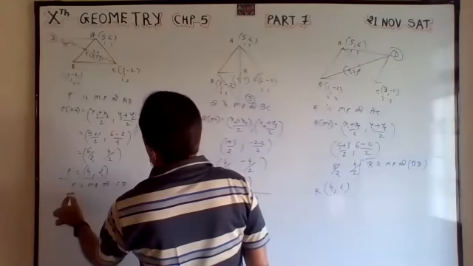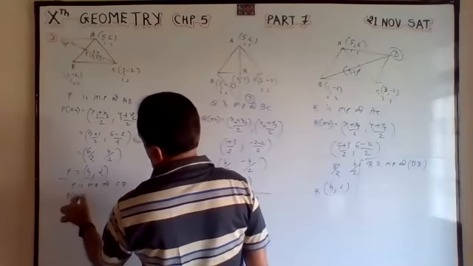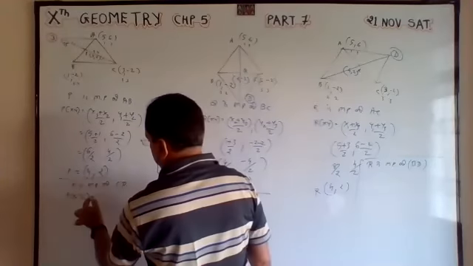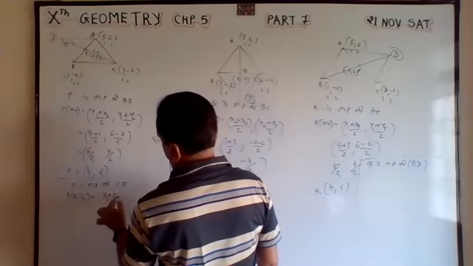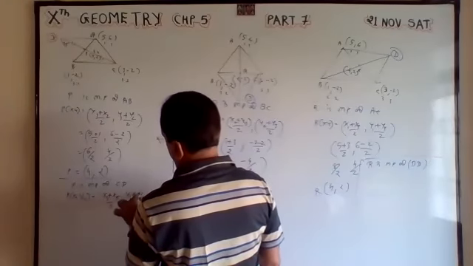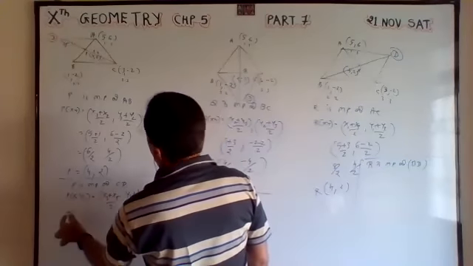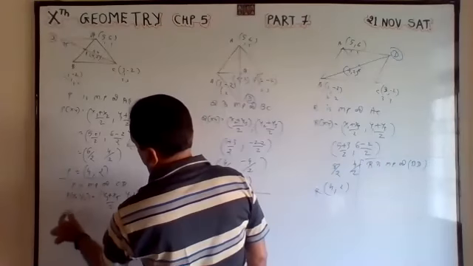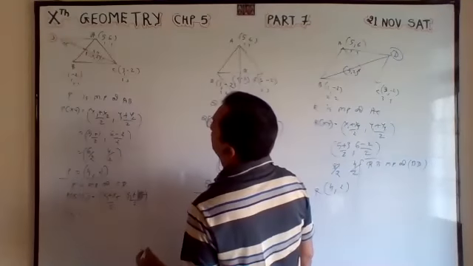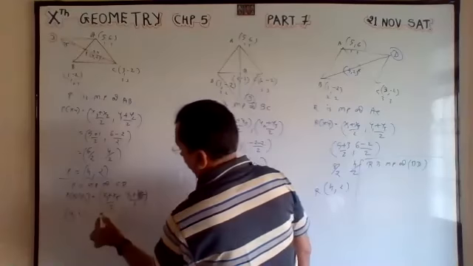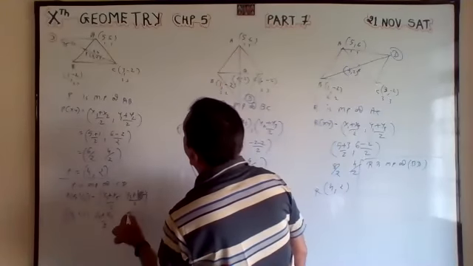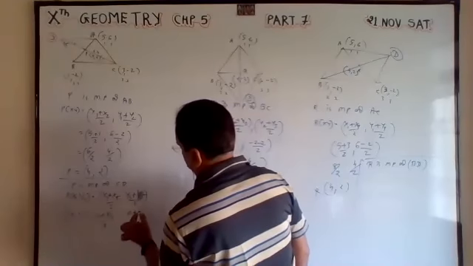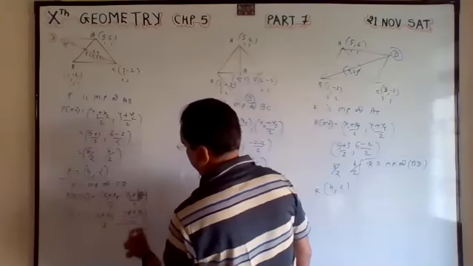P(x4, y4) is equal to x3 plus x5 divided by 2, y3 plus y5 divided by 2. This is given 4, 2. This is given 4 plus x5 by 2, 2 plus y5 by 2.